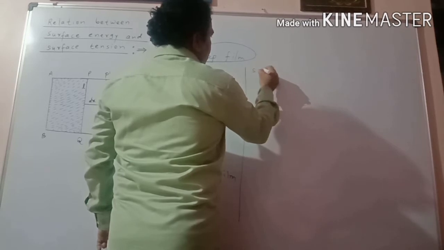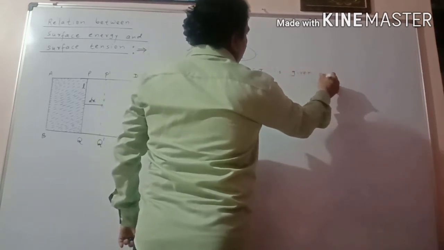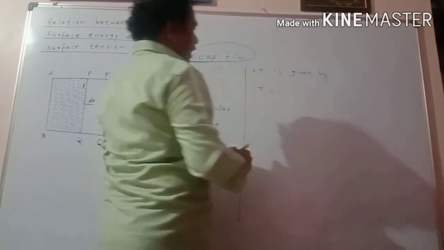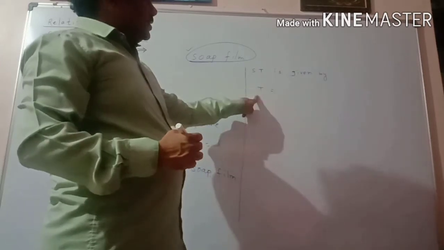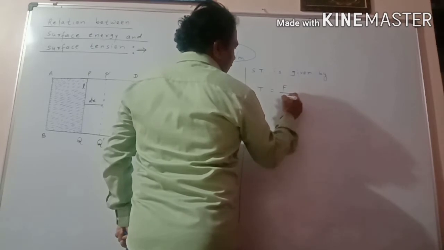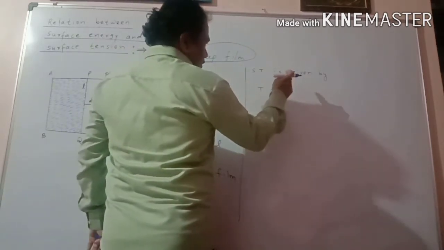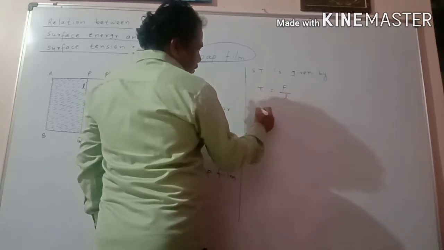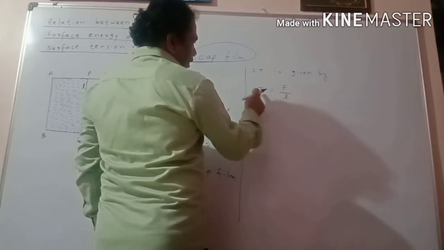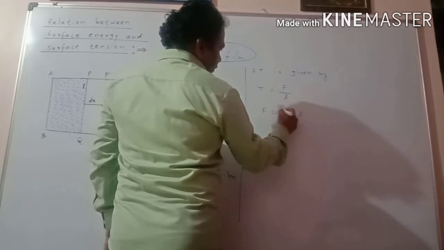Surface tension is represented by the letter capital T. Surface tension is equal to force per unit length, that is T = F/L. To calculate the value of force, we can write F = T multiplied by L. So we get the force.